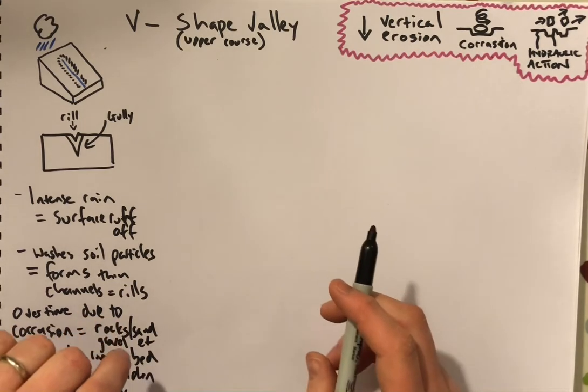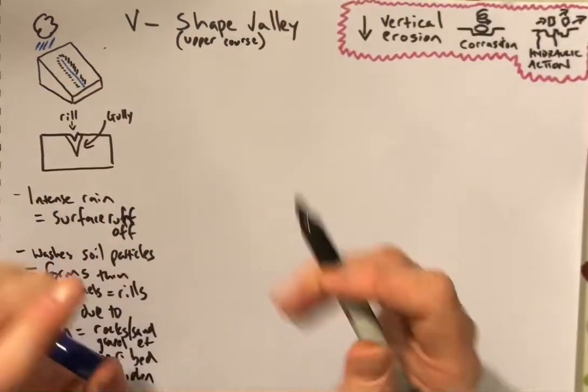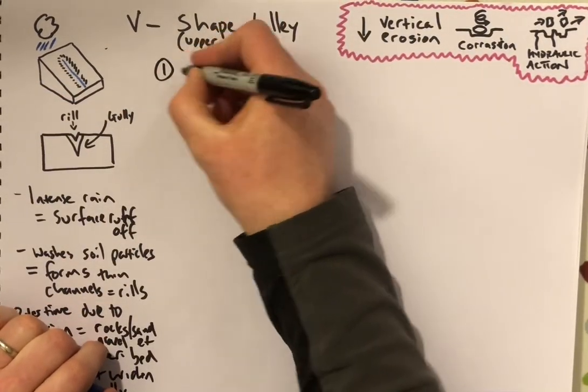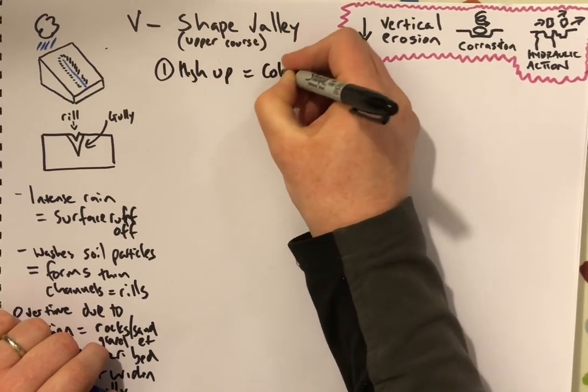The second stage is that the gully becomes this V-shaped valley. And what we've got to remember is that high up is cold.